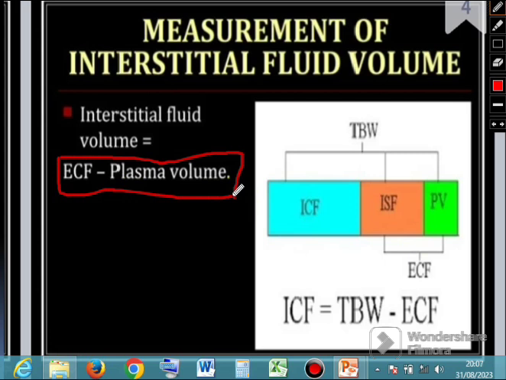So by checking the difference of the extracellular fluid volume and plasma volume, you can get the extravascular fluid volume. Alright? Good.